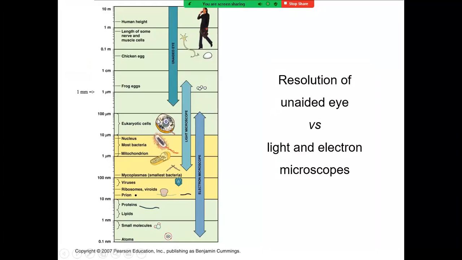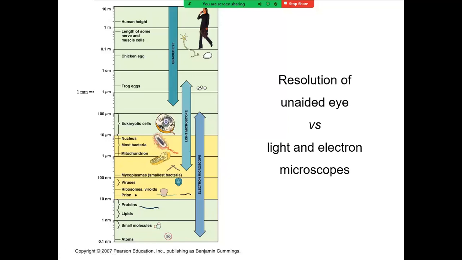Eukaryotic cell, for most eukaryotic cells, you need a light microscope to see them. Prokaryotic cells, smaller, so eukaryotic cells around this size. Most bacteria are around 1 to 2 micrometers. You need a light microscope to see them.